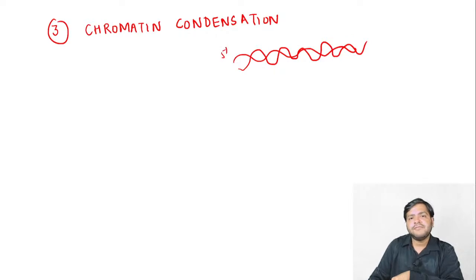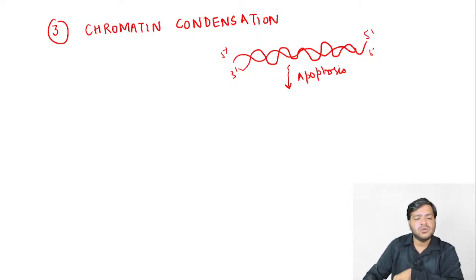Okay, 5 prime to 3 prime, 3 prime to 5 prime, a double helix structure of the DNA. Now, if apoptosis is happening, how will it happen to this particular DNA? Chromatin condensation means it is breaking at several points.